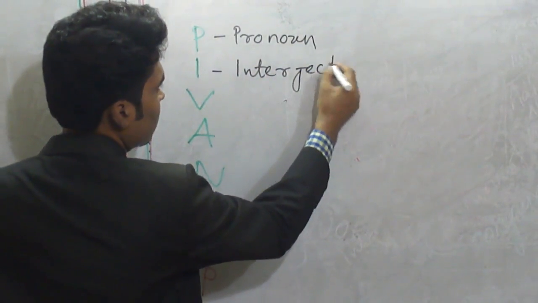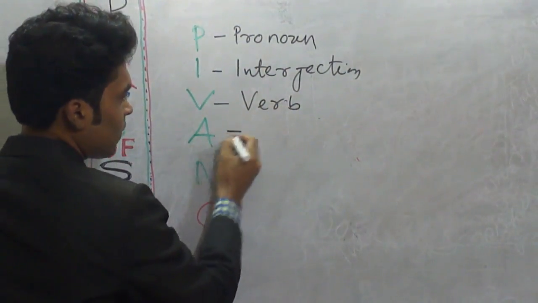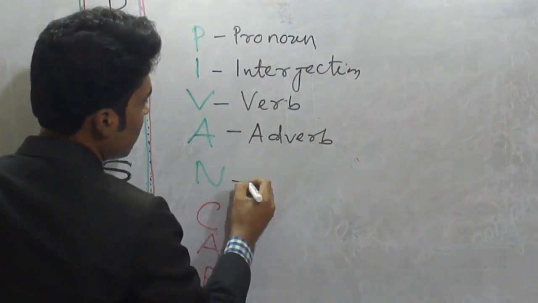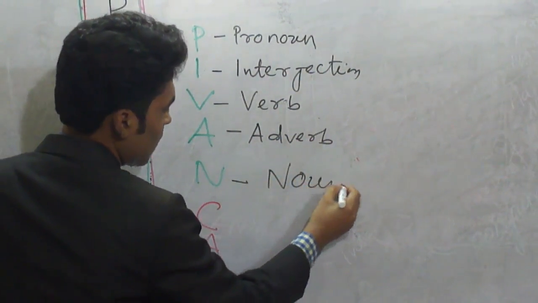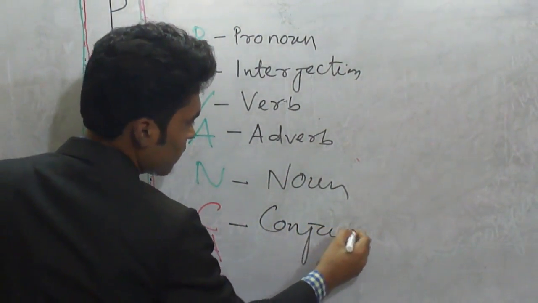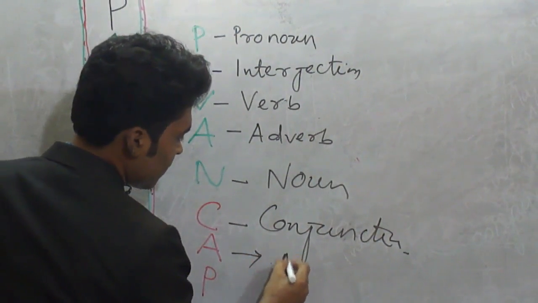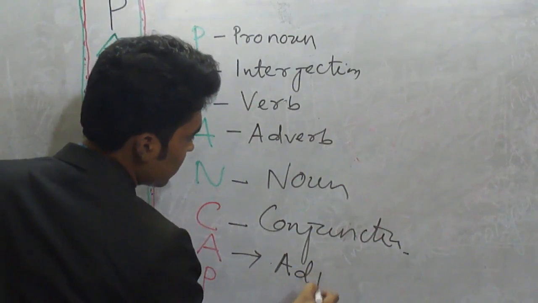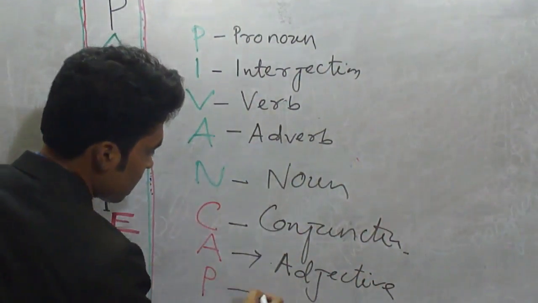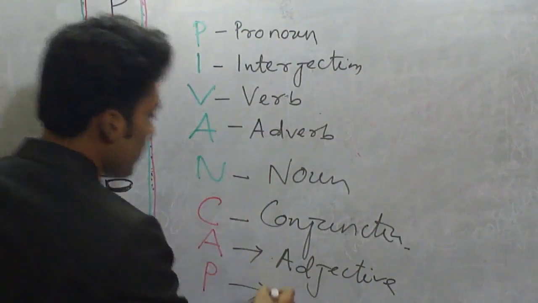Interjection. What is this V? Verb. What is this A? Adverb. What is this N? Noun. What is this C? Conjunction. What is this A? You may say adjective. I just organized these parts of speech. The other P is your preposition.